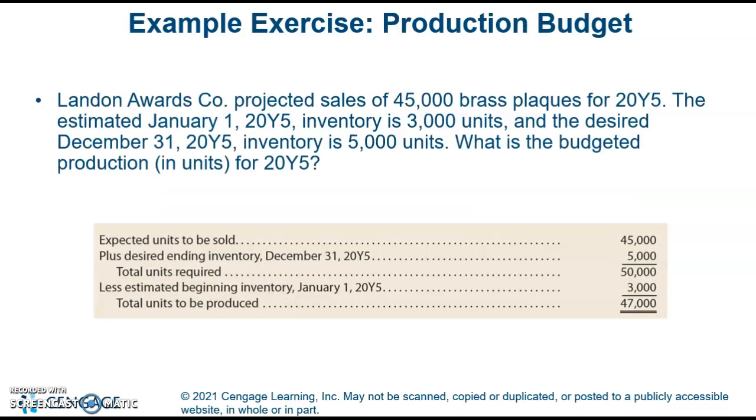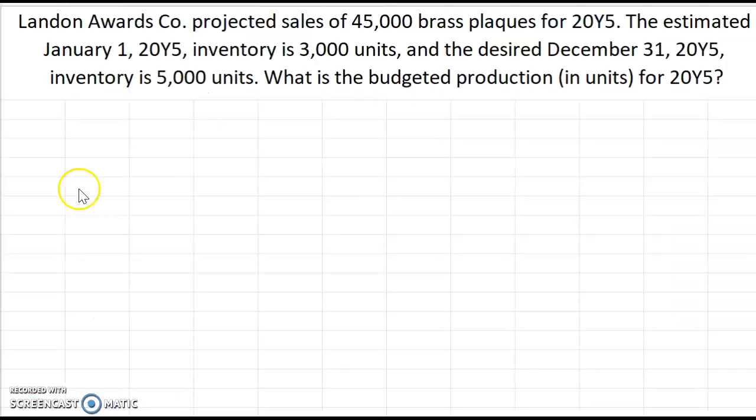Okay, now we're going to look at this example exercise together. If we are told we have projected sales of 45,000 units, then we would put this in as expected units to be sold. So let's go ahead and do that.